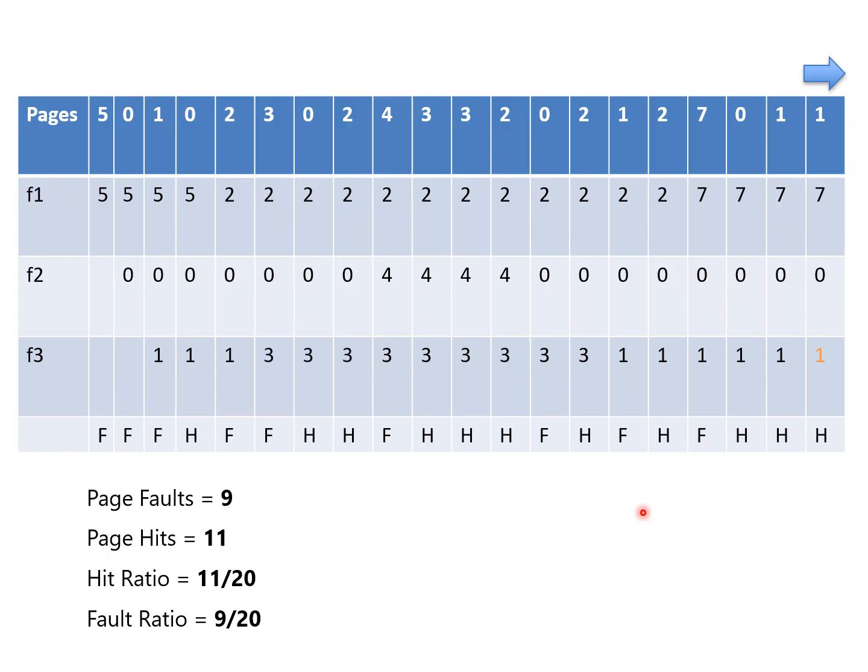It has better performance than the FIFO page replacement algorithm, and even than LRU. The disadvantages of the optimal page replacement algorithm are that it is difficult to implement in real systems, and it requires knowledge of future page references. Future memory access cannot usually be predicted. So this is all about the advantages and disadvantages of optimal page replacement.